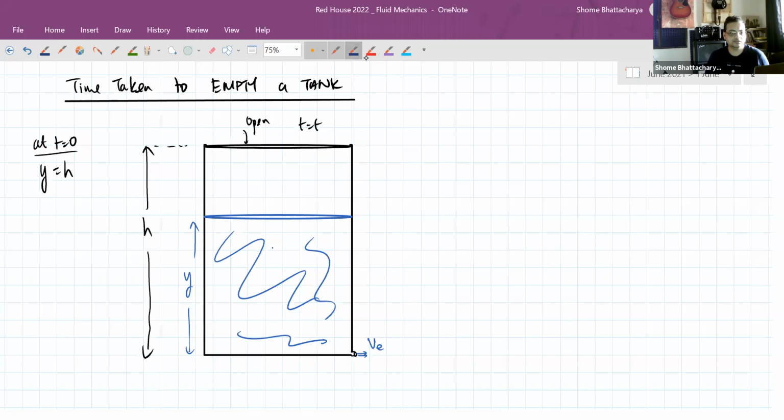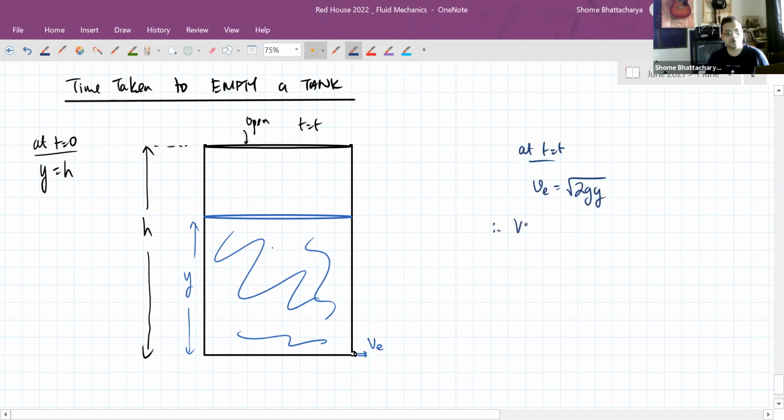Okay. So efflux velocity, the instantaneous value at time t, is square root of 2gy. So therefore volume rate of outflow is efflux velocity into area of cross section.